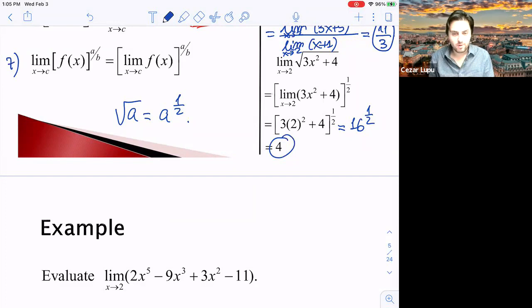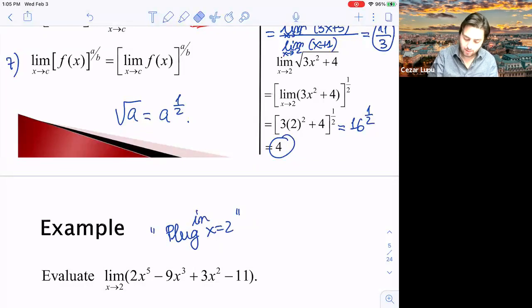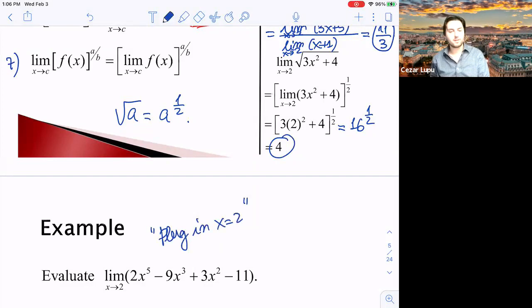Abdul says, well, you replace it with 2. What did we say at the beginning? We said that we would like to plug it in. So we plug in x equals 2. That's what we do. We said this at the beginning.